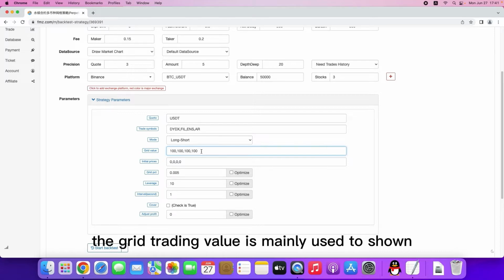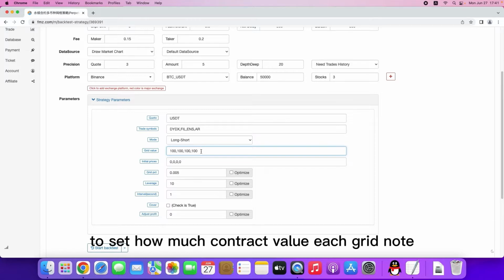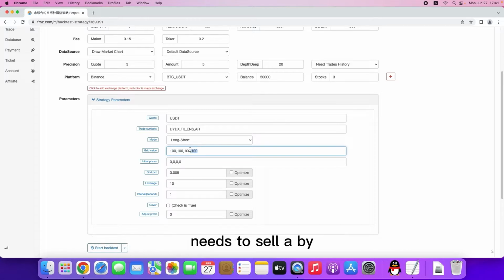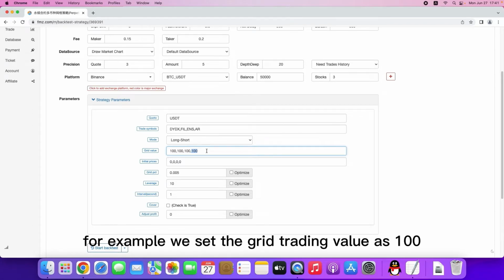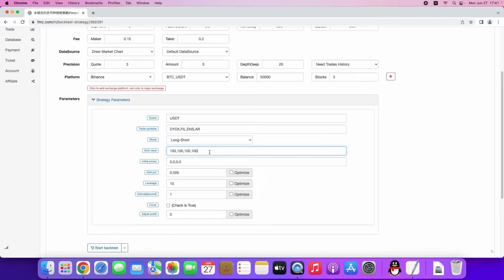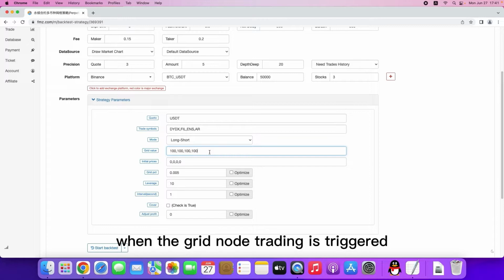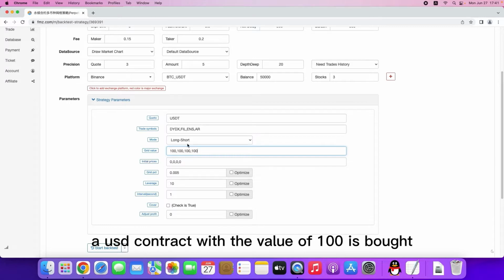The grid trading value is mainly used to set how much contract value each grid node needs to sell or buy when it wants to sell or buy. For example, we set the grid trading value as 100, which means that when the grid node trading is triggered, a USDT contract with a value of 100 is bought.